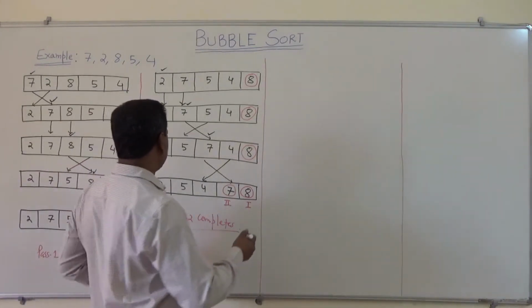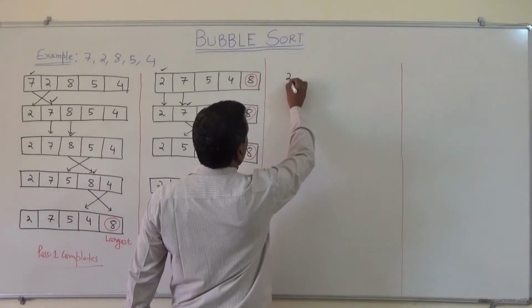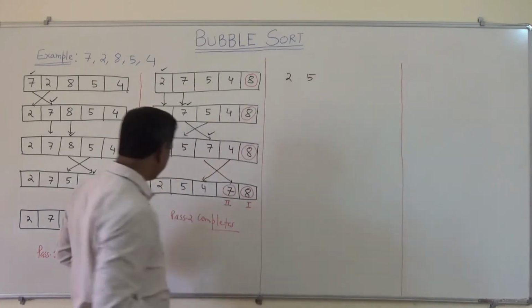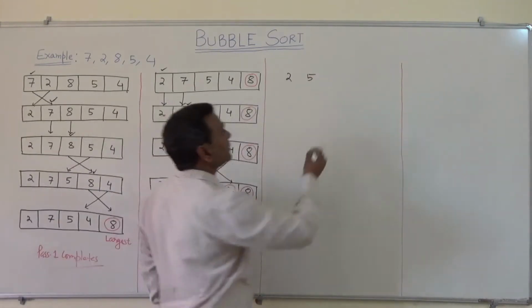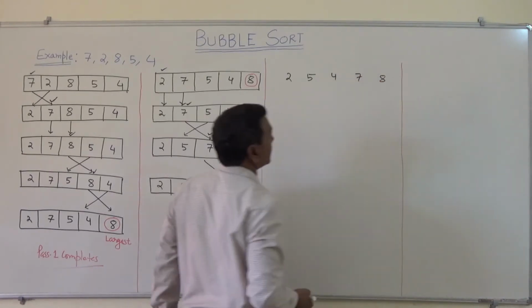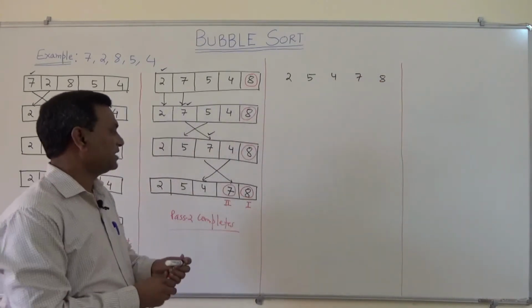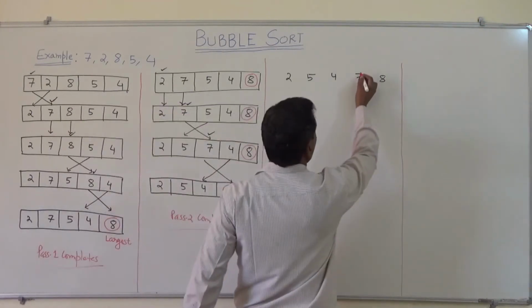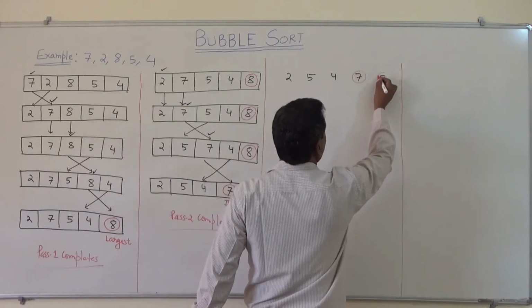So in pass 3 we will take these elements 2, 5, 4, 7 and then 8, because these two elements are already sorted, they are in their final position.